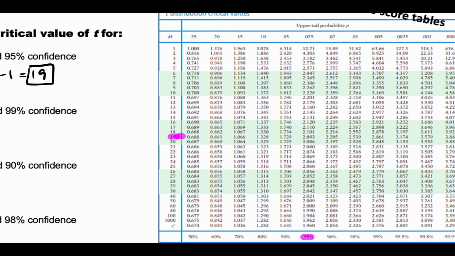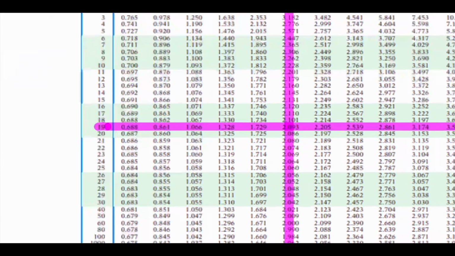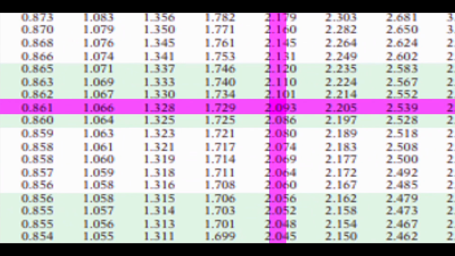I'm on this row for degrees of freedom, and if I go up in this column for 95% confidence, they meet right at 2.093.